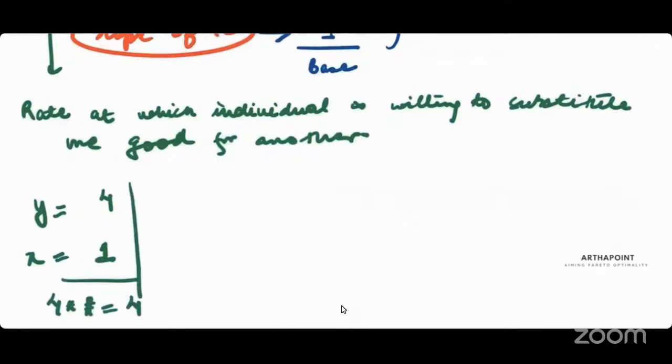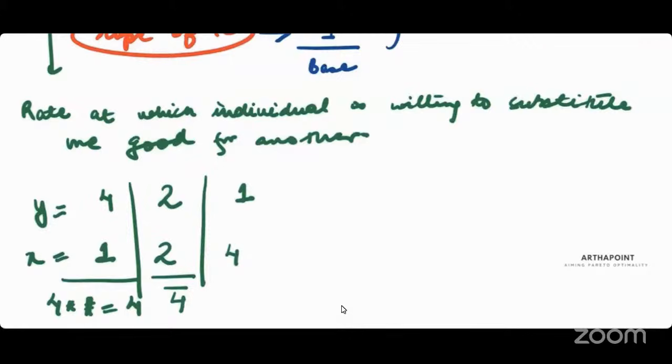As you gave me more X, you increased my X to 2. You took Y from me, such that again 2 into 2 is 4. Utility is held constant. As you gave me more of X, you kept taking Y from me, such that I hold the utility constant.